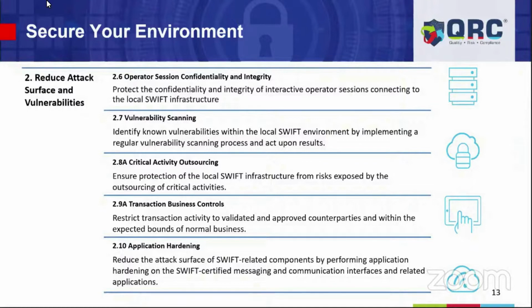Further, the critical activity. If you outsource some of the activities which impact your Swift infrastructure, definitely we need to follow a thorough kind of responsibility and deal with that, outsourcing activities: who are the vendors or third party providers, what kind of engagement conditions are there, who is responsible for what, and also whether they are providing the activities in a 100% secure manner or not.